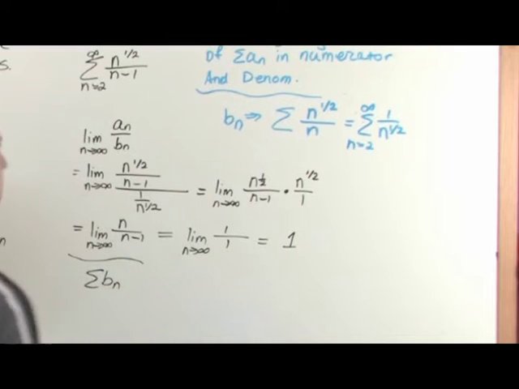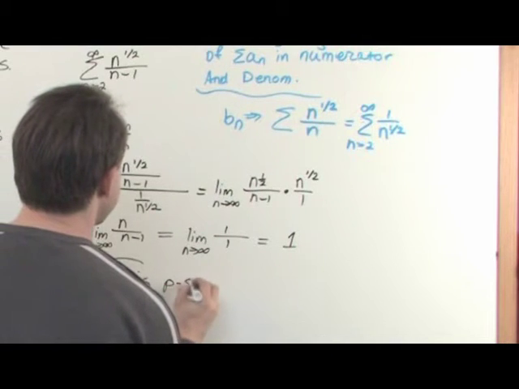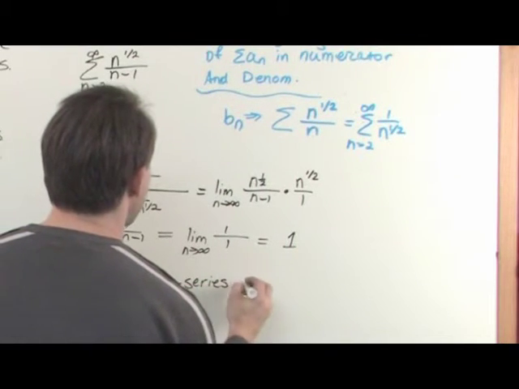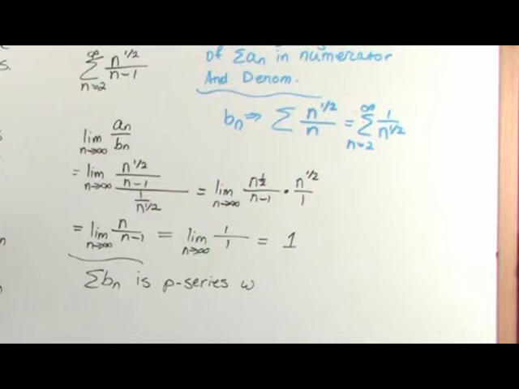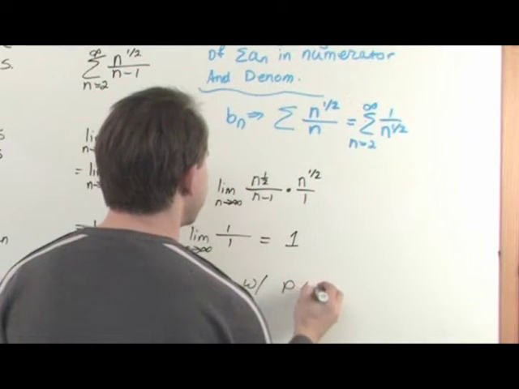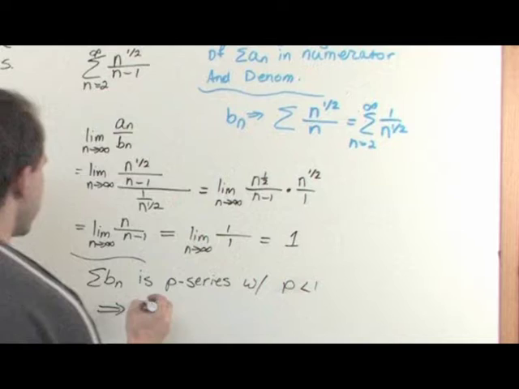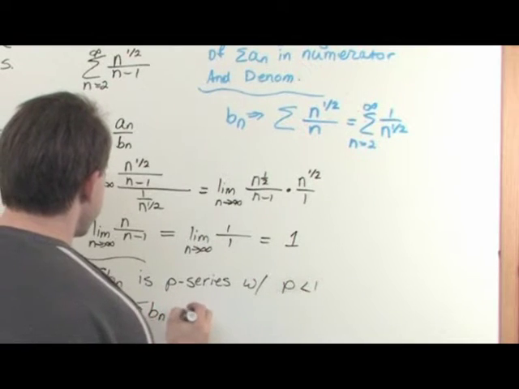B sub n, what kind of series is that? Okay, it is a p-series, and that's why I say learning the p-series and the geometric series is really important. It is a p-series with p less than 1, okay? And so that means, if you go back to the definition of the p-series, if p is less than 1, then we have proven that b sub n diverges.